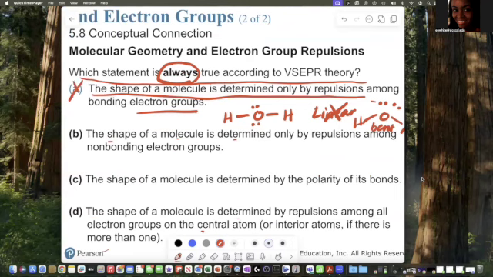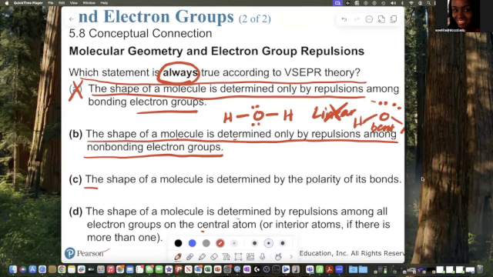So this is wrong. The next one is the shape of a molecule is determined only by repulsions amongst non-bonding electron groups. No, it's both the bonding electron groups and the non-bonding electron groups. Even though in assigning the name, we ignore the non-bonding electron groups, we recognize the effect of both bonding and non-bonding groups.